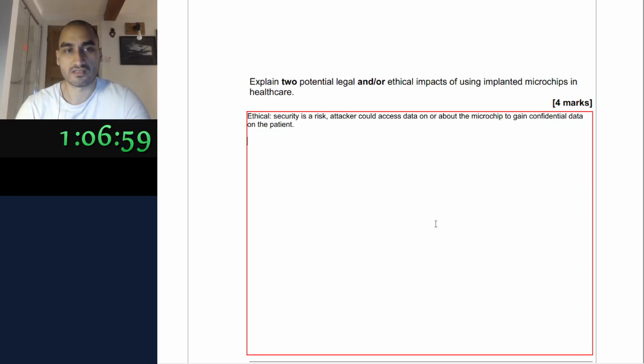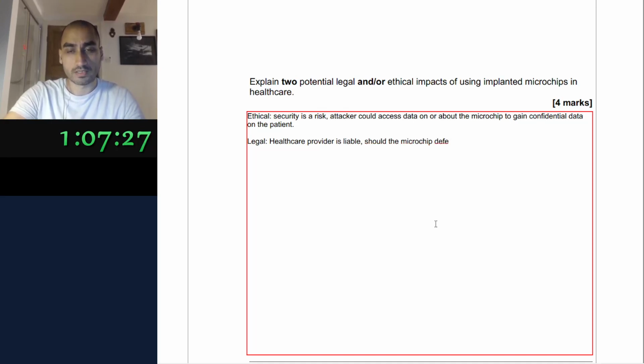I mean, there's health risks. You're sticking a foreign object in your body. Maybe that's a legal risk as well. Legal: the healthcare provider is liable should the microchip defect or cause harm to the patient.